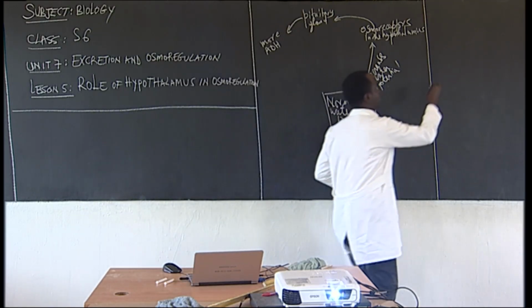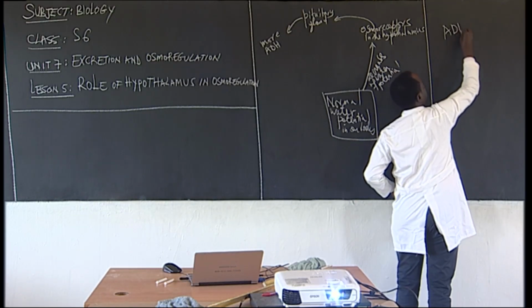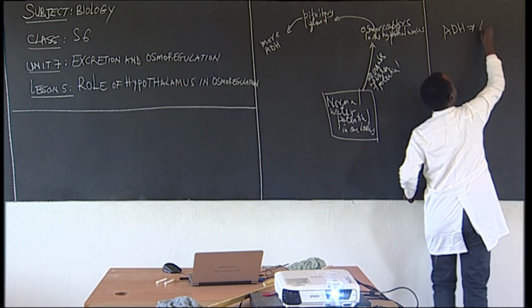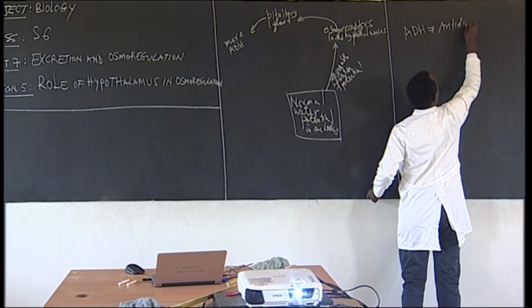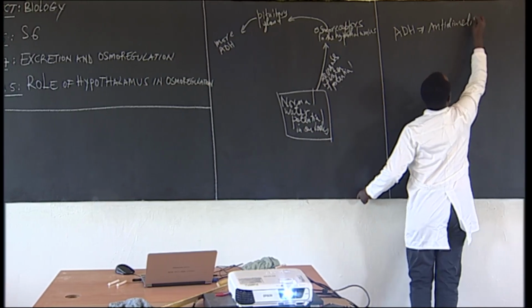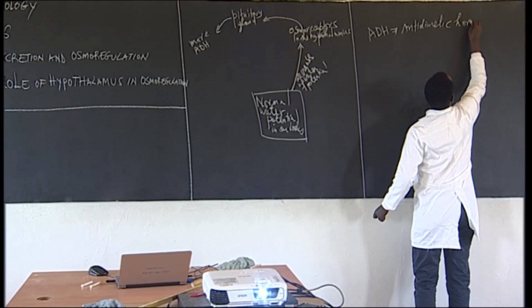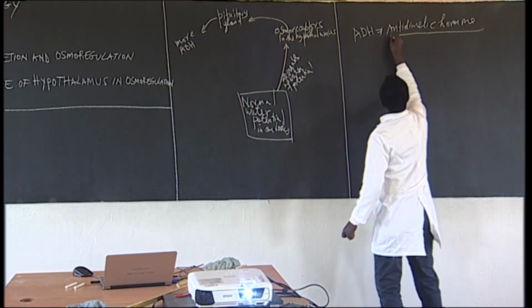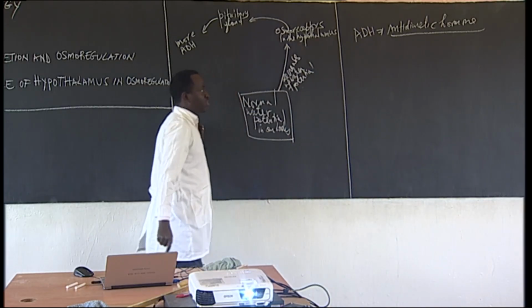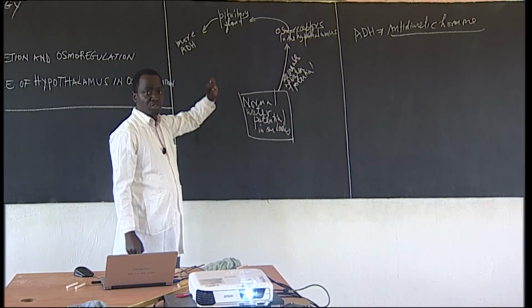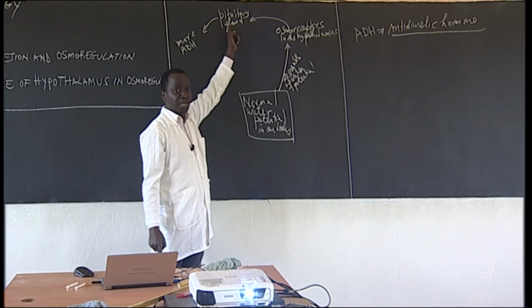ADH in full is antidiuretic hormone. This is the ADH. Its production comes from hypothalamus, but it's going to be released by this pituitary gland.